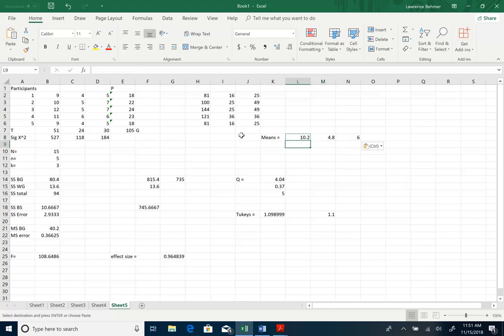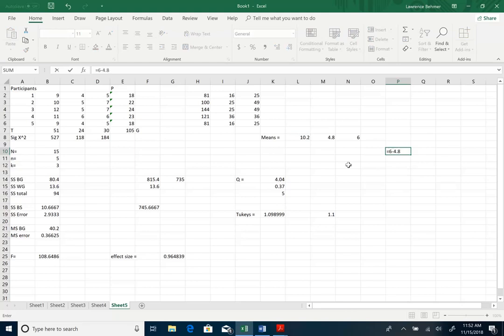All right, so now I don't even need to do the math here, do I? Every single one of these possible combinations is going to be greater than 1.1. Like 10.2 minus 4.8 is definitely going to be greater than 1.1. And 6 minus 4.8 should be greater than 1.1.